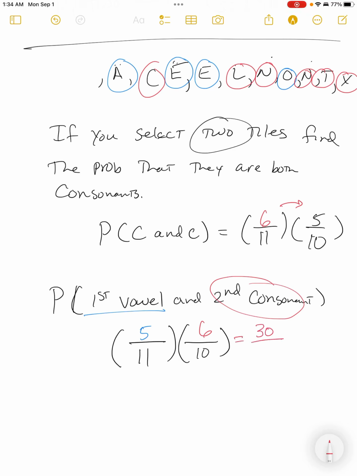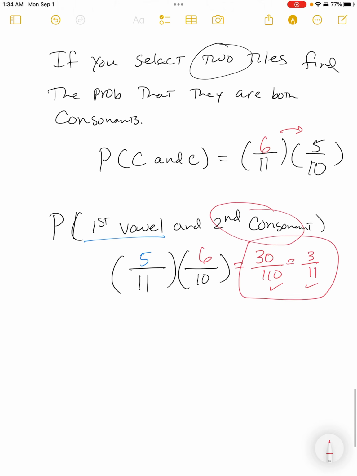Then we would do our multiplication. That's 30 over 110. Or if we divide each by 10, that's 3 11ths coming in there. Again, either answer is fine, but actually do the multiplication. So it's got to be some variation of those right there.